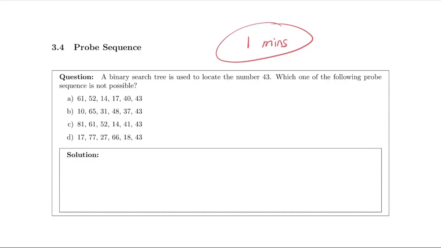Okay, I'll close the poll in 5 seconds. Okay, so the question here: first of all, we have a binary search tree, and we do a query where the target is 43. Which of the following probe sequences is not possible?